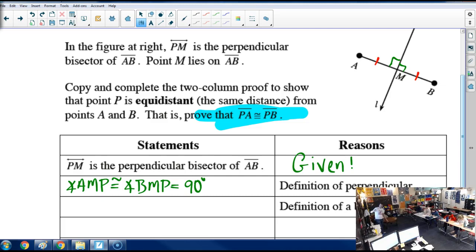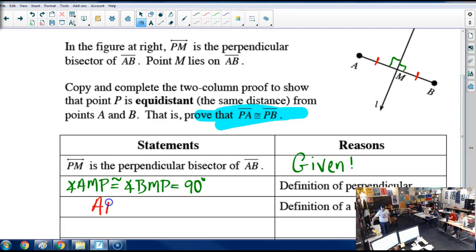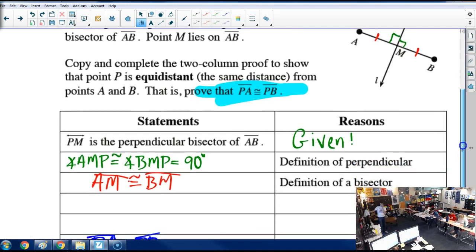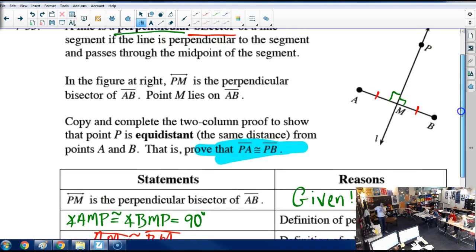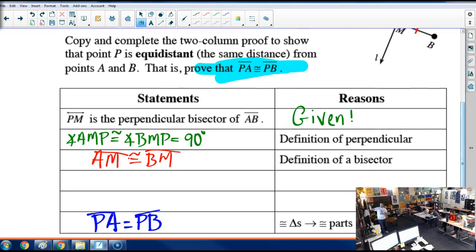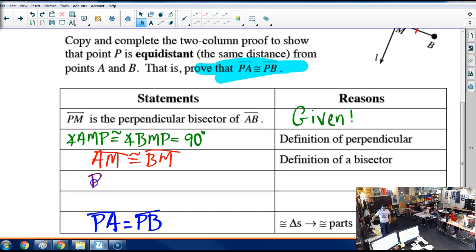What goes in for definition of a bisector? AM is congruent to BM. Then PM is congruent to PM. Oh, PM is congruent to itself. What property do we use for that? Reflexive property.